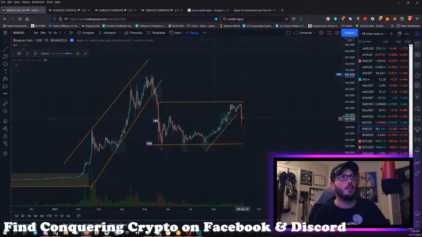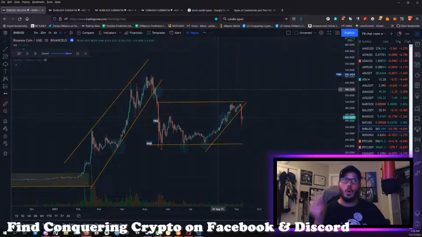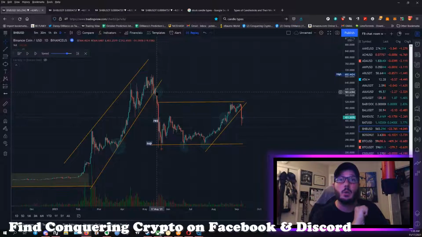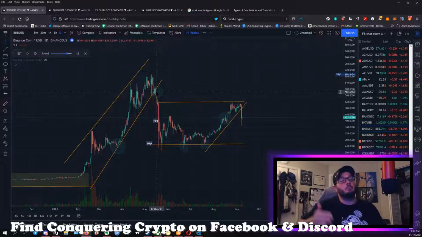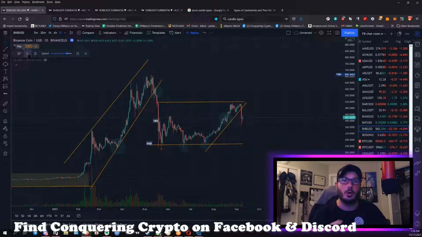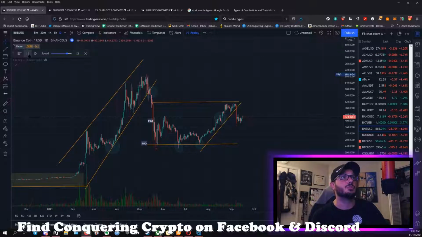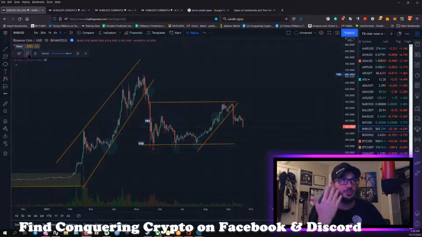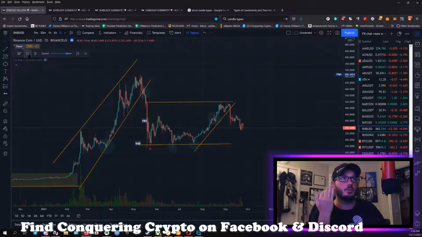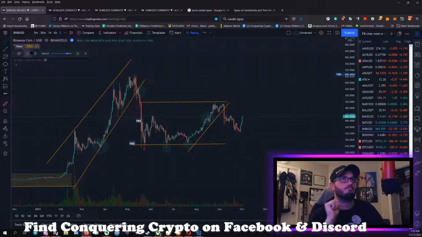So that uptrend that we also are on was broken, just like the other one was. What does that mean? It means that maybe price has now headed the other way. This kind of stuff is important to find. Let's continue. So now we have a wider area to explore when it comes to the tunnel pattern itself.